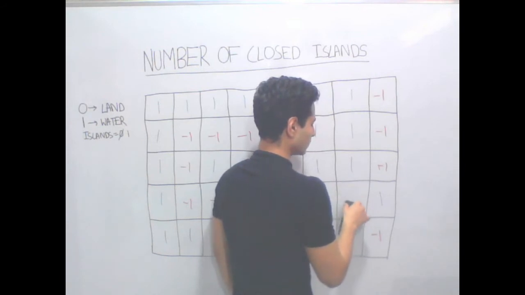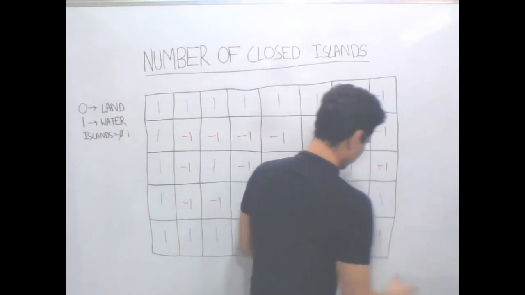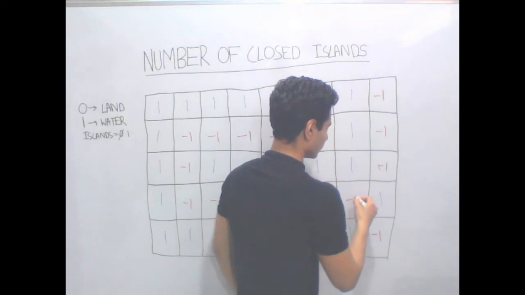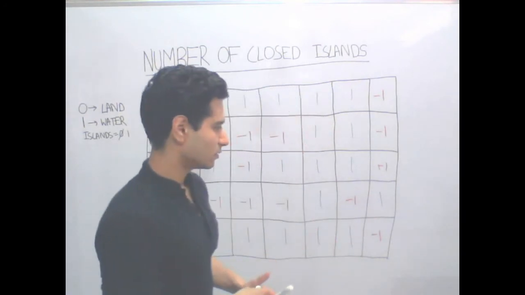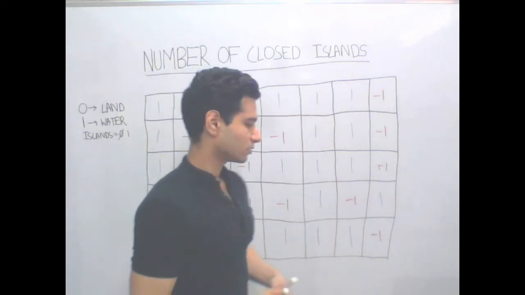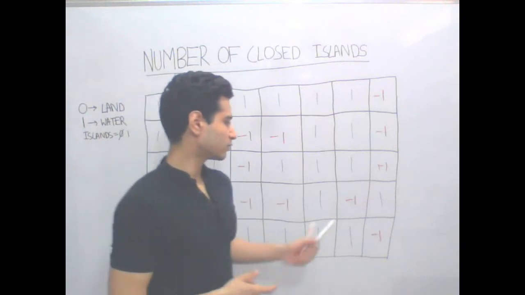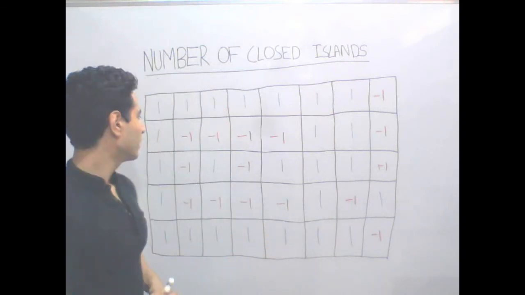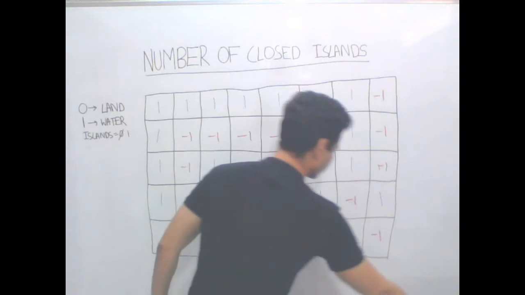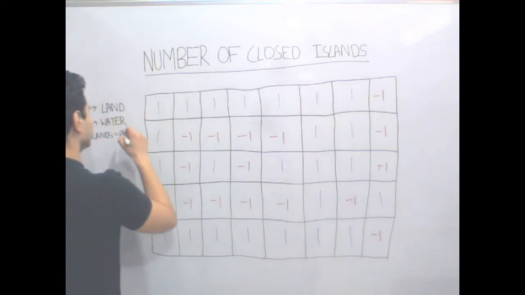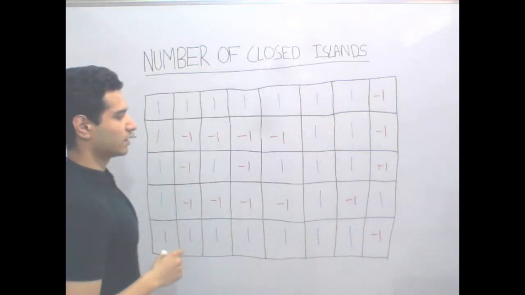It does not have a neighbor that is land. So again we will just mark this as visited and move on. So this is the last point of the traversal, and we will update the island count as well, that we have found another island.